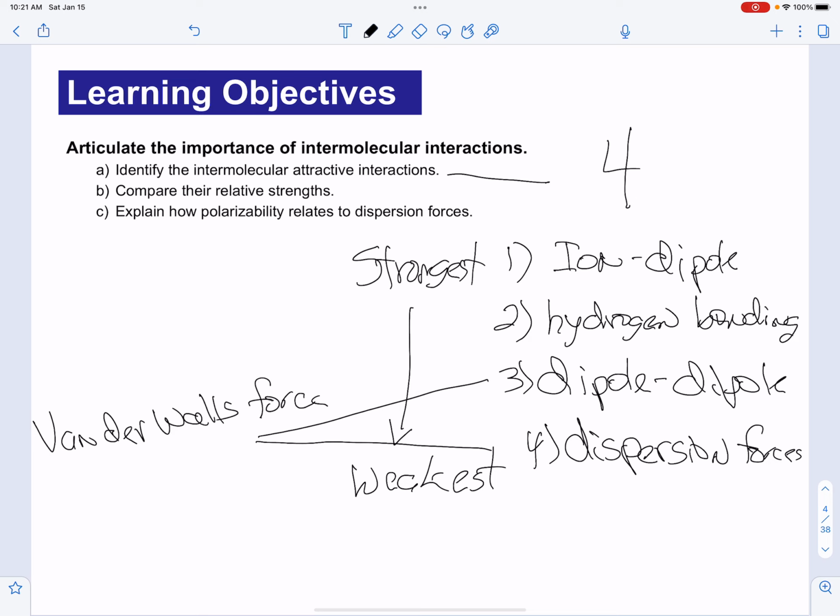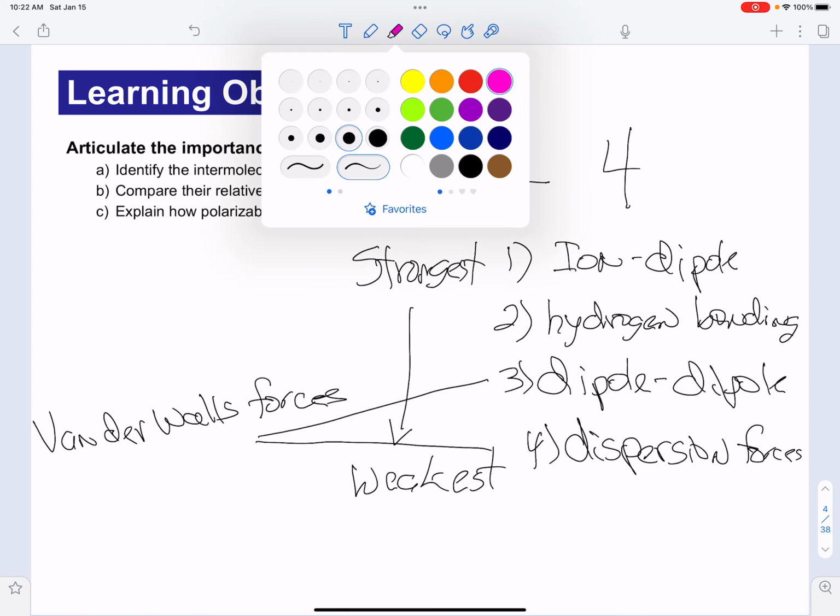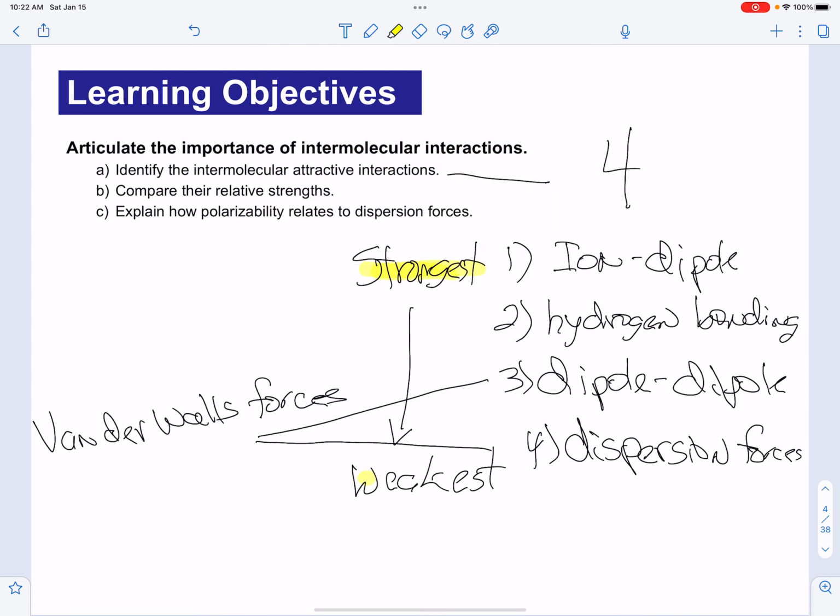forces, because they're based on the movement of electrons, the polarizability of the electron cloud. These two also, I know I told you that we're going from the strongest to the weakest. These two also can change places.